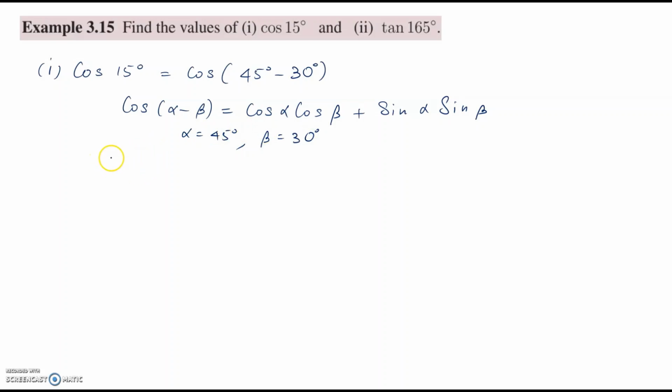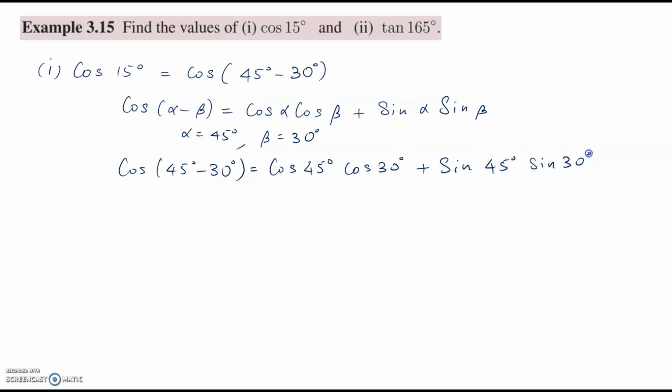Therefore, cos(45 degrees minus 30 degrees) will be equal to cos 45 degrees cos 30 degrees plus sin 45 degrees sin 30 degrees.